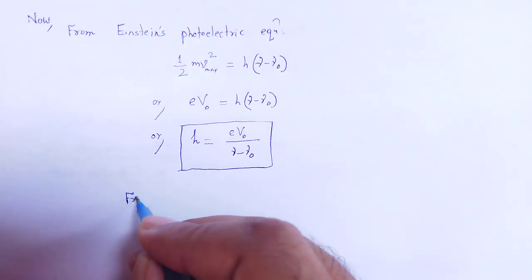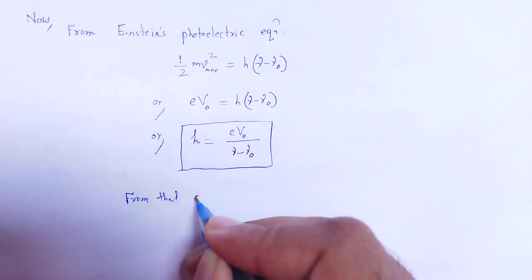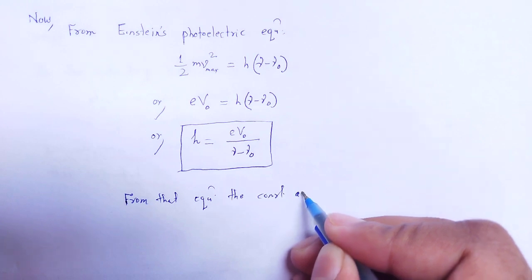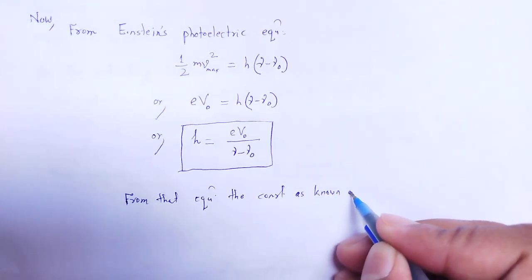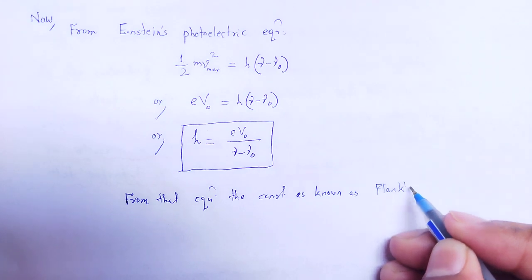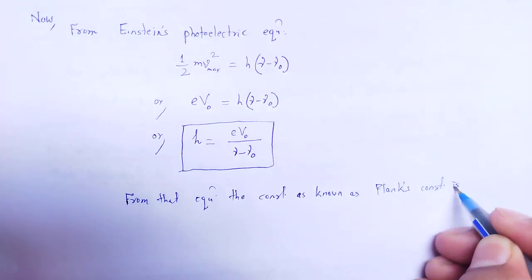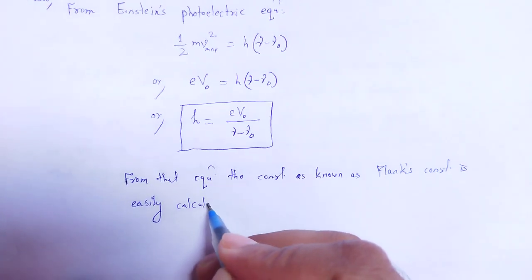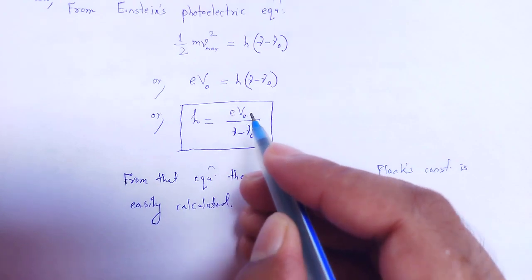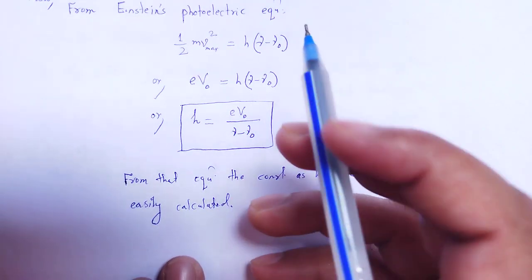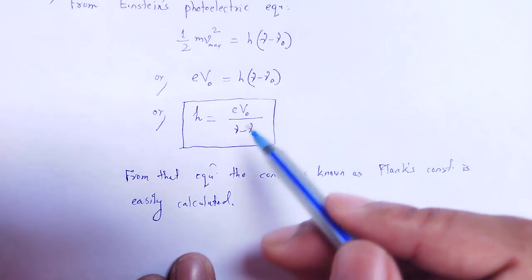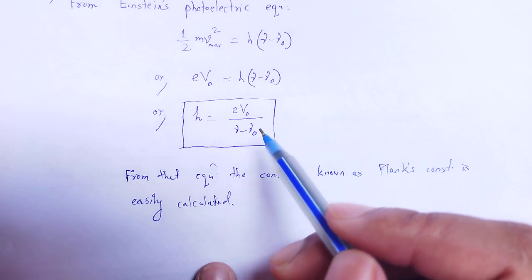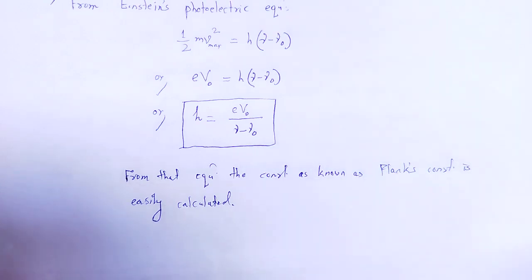From that equation, the constant known as Planck's constant is easily calculated. Here e is the charge of the electron, V naught is the stopping potential that we measured by the voltmeter, nu is the frequency of the incident light, and nu naught is the threshold frequency, the minimum frequency required to eject an electron from the surface.